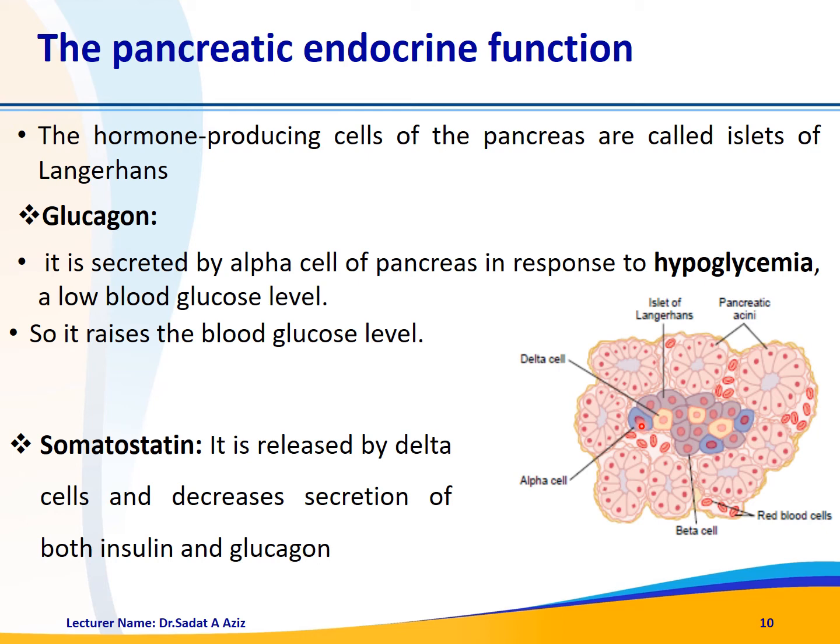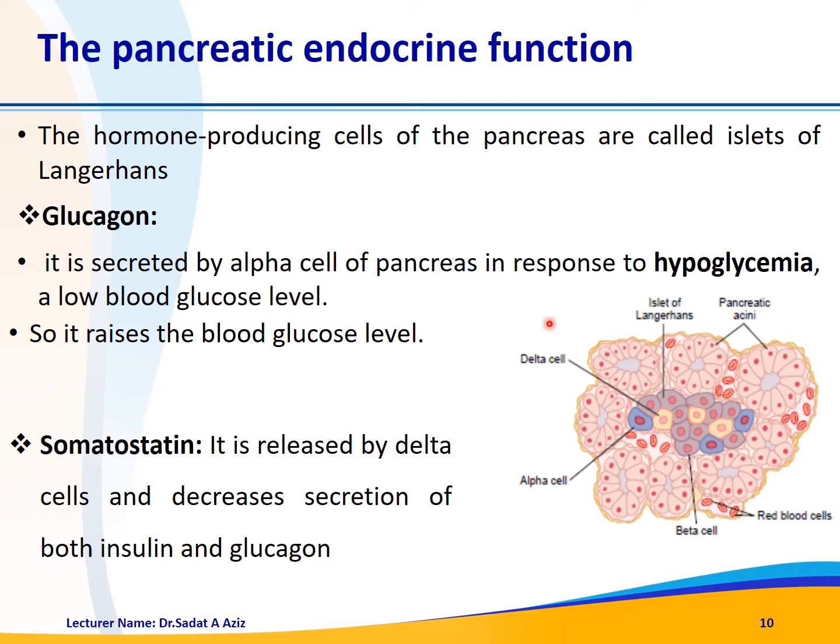So when glucagon is secreted into the circulatory system, it increases the level of glucose through upregulation of some mechanisms, including the process of glycogenolysis. So lysis of glycogen to release the sugar molecules into the circulatory system.